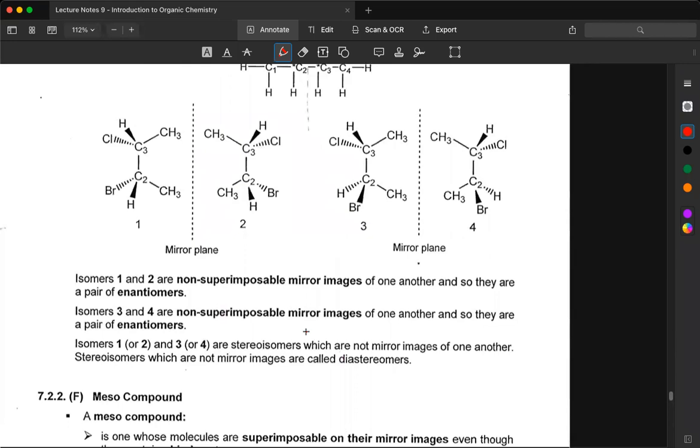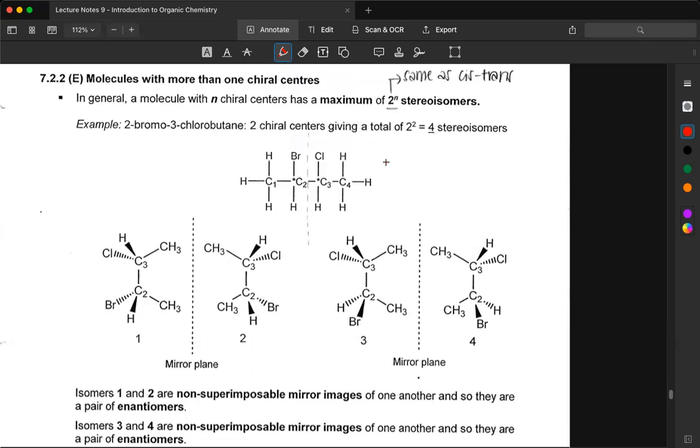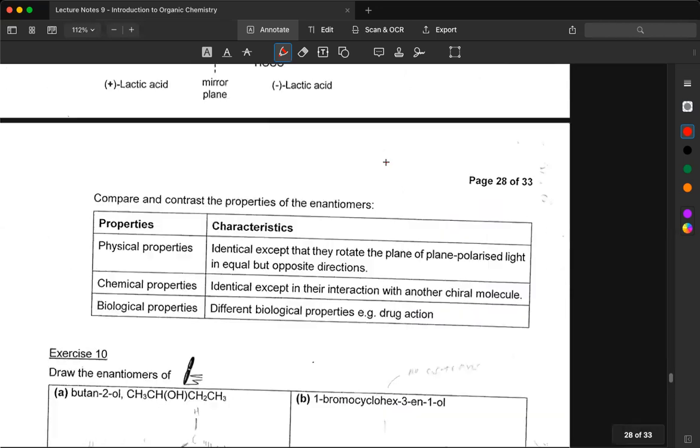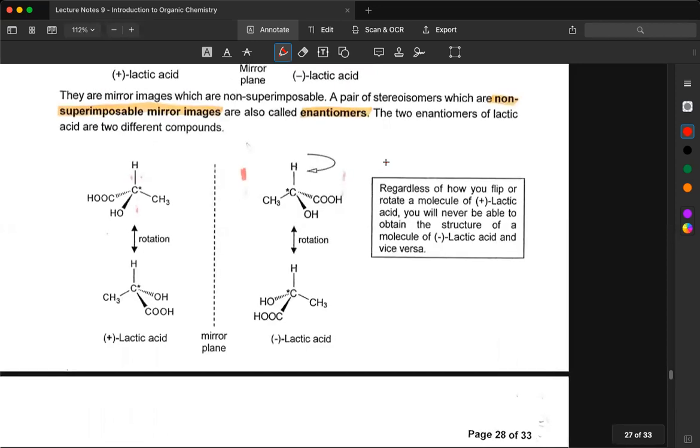Because you can actually rotate this to become like this, right? It's possible. Let me see this one.